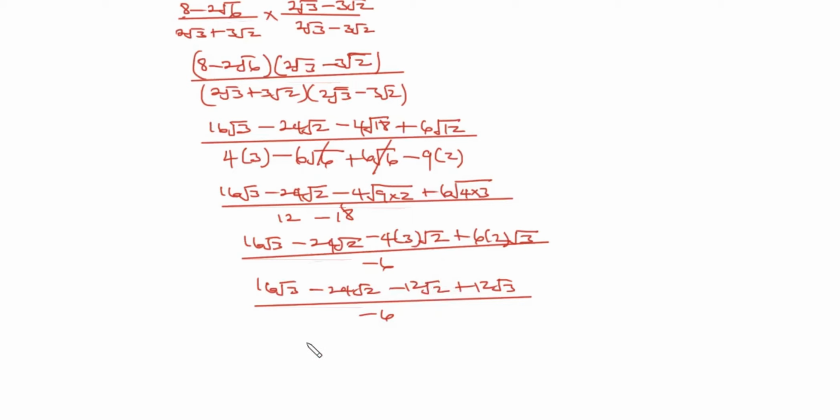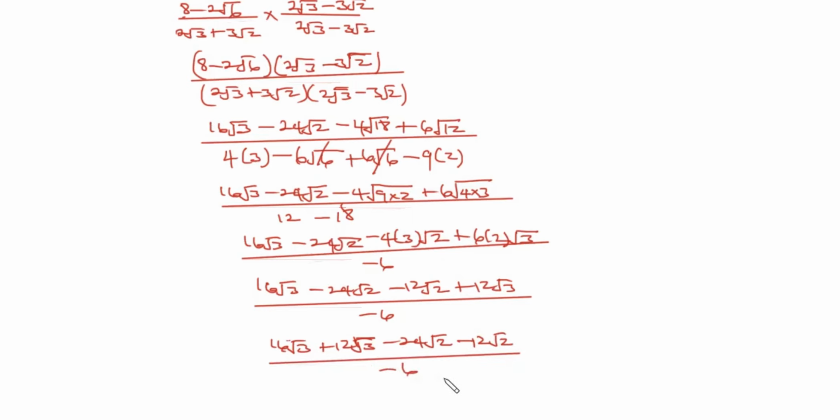So let's collect like terms. We have 16√3 plus 12√3, and then minus 24√2 minus 12√2, all upon minus 6.